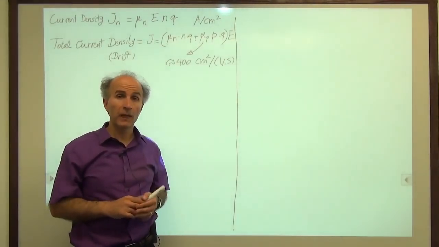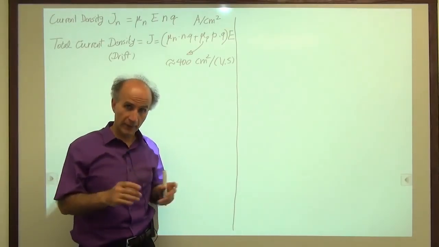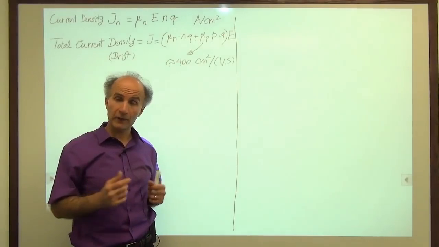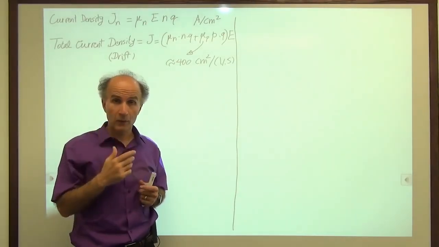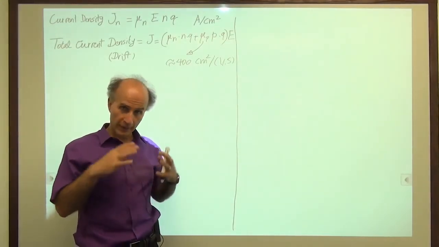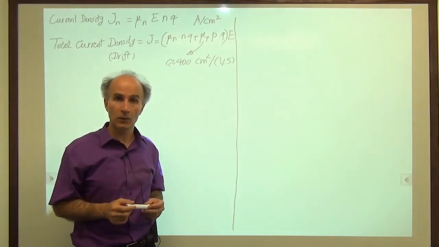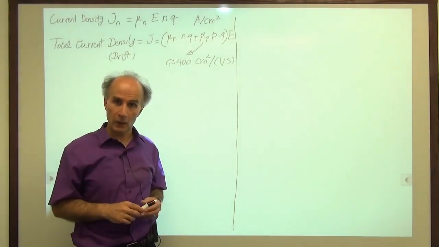In other words, even if we have no voltage applied, even if we have no electric field present in a piece of semiconductor, we could still have current conduction. And that's interesting. That's not something that we have seen in the past. From physics or basic circuits, we always had to apply voltage to have a current. But diffusion is a case where we don't need any voltage or electric field. I will see you next time.